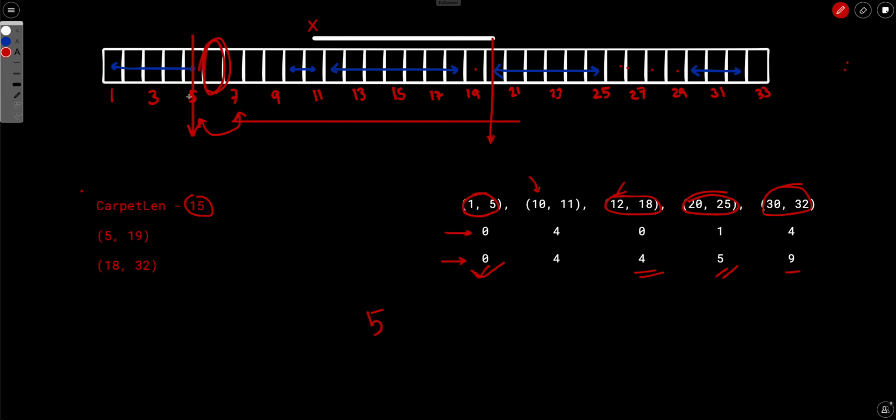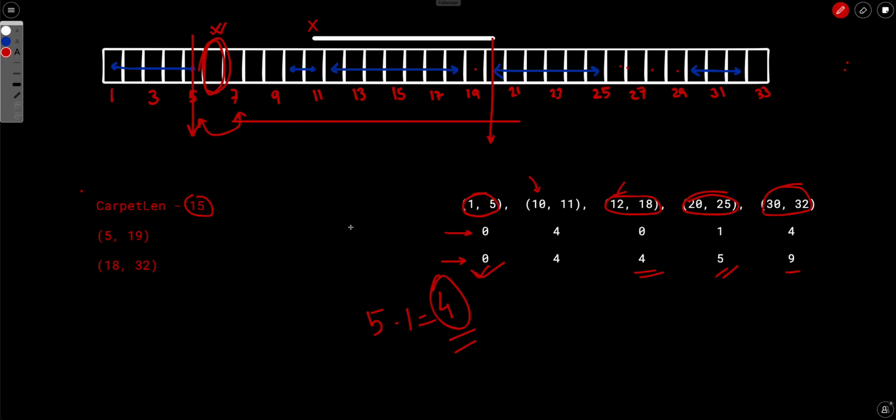We know that the ending position of the range is at 5, so we subtract this 2 to get how many uncovered cells should not be considered. Here this one should not be considered, so we get 1, and we subtract 1 from this 5, and we get the actual number of cells which are uncovered.